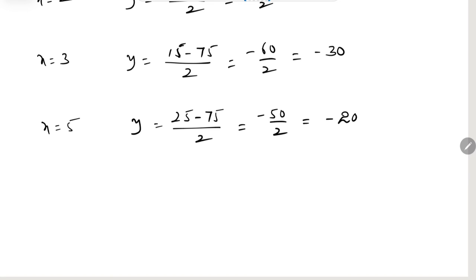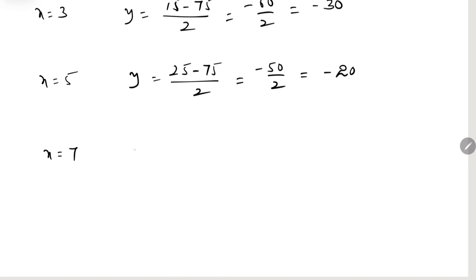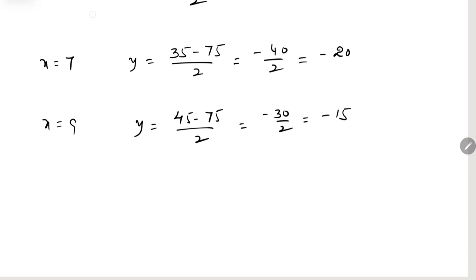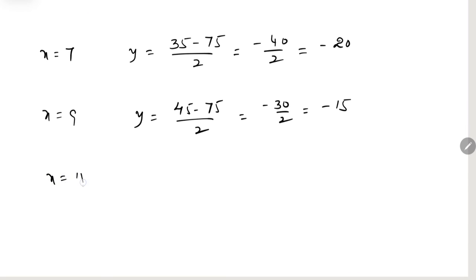If I take x value as the odd number 7, y is equal to 35 minus 75 by 2, minus 40 by 2, so minus 20. So x value 9: y is equal to 45 minus 75 by 2, minus 30 by 2, therefore minus 15.